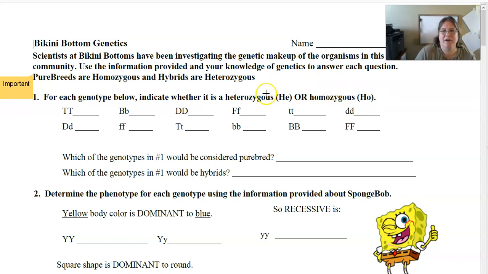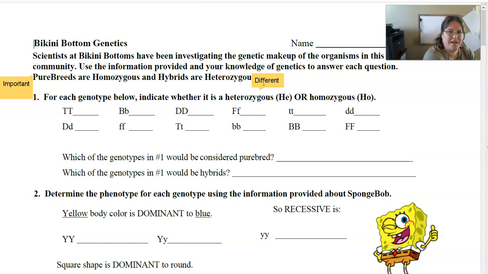Okay, so what do we know here? Well, we know heterozygous is different. But what does that different mean?